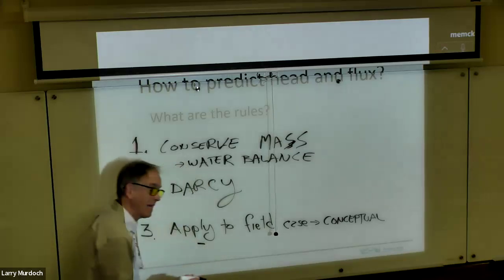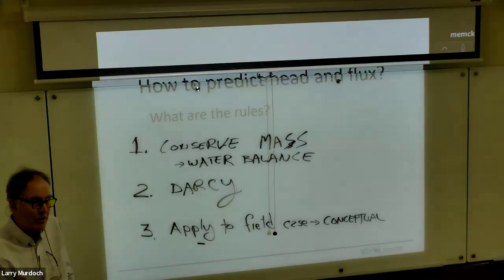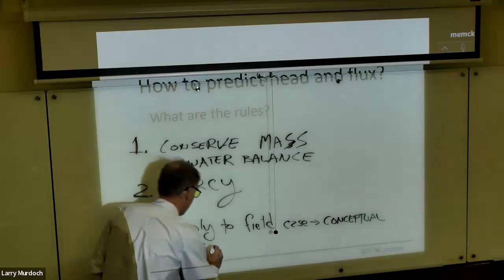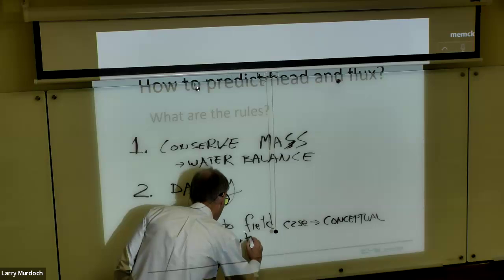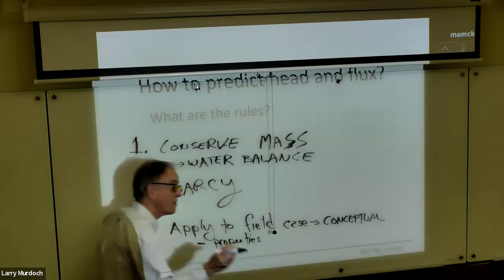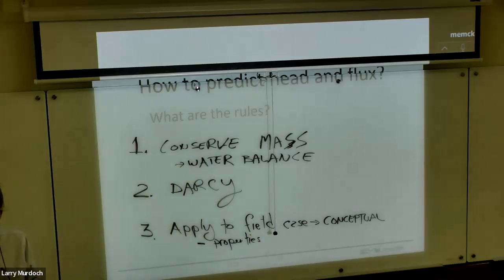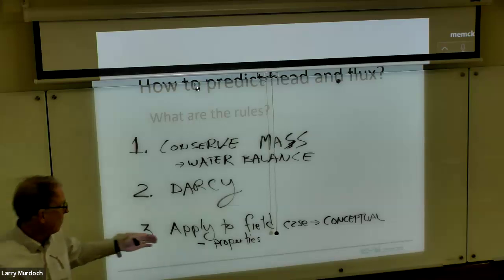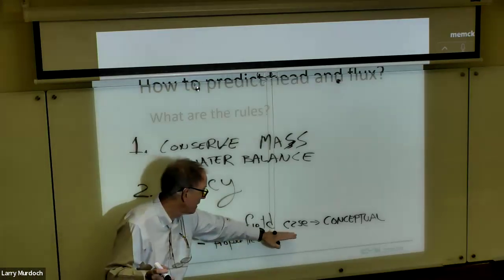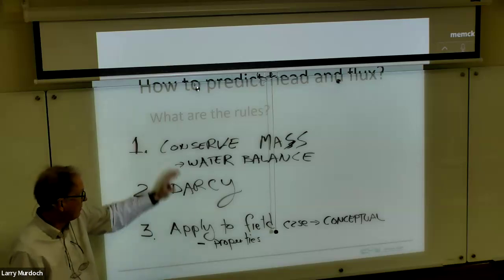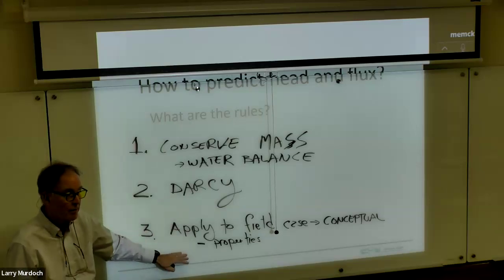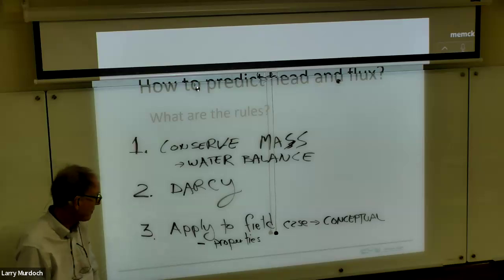And one of the things that we're going to need to have it do is to have the right properties. So we talked about the hydraulic conductivity, storativity, specific storage, those things. Our field case will have certain properties, and our simulation better have those properties, better consider that.